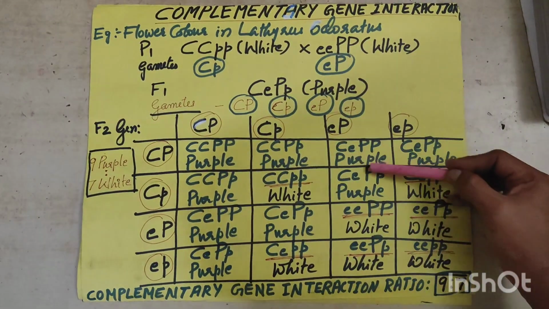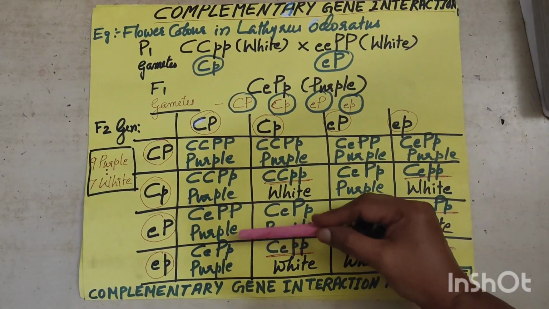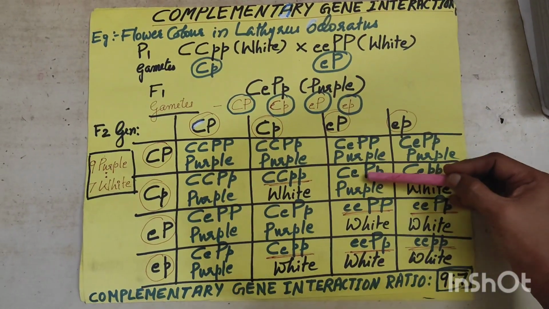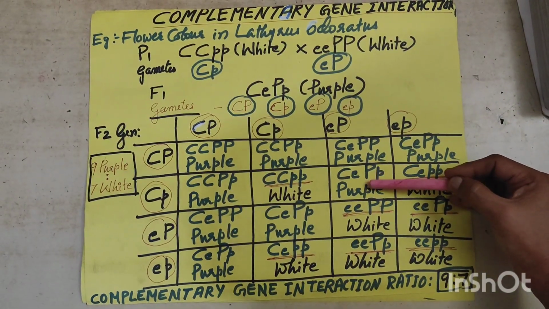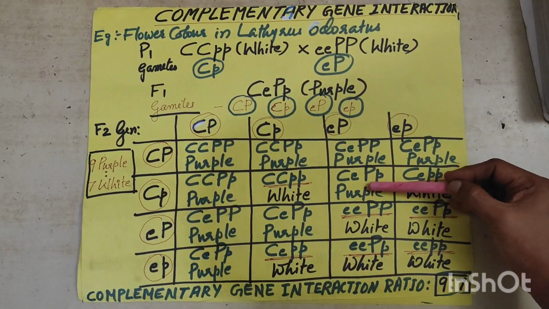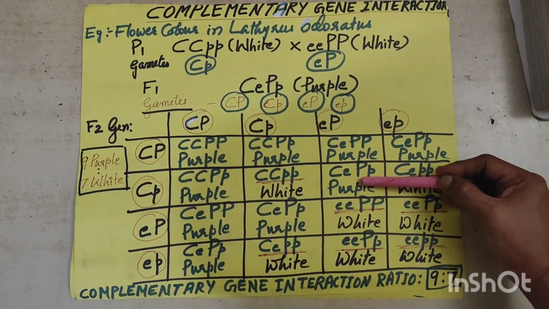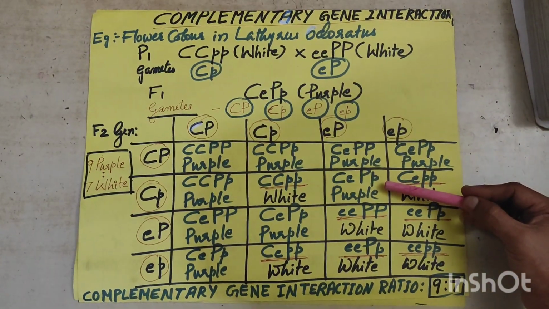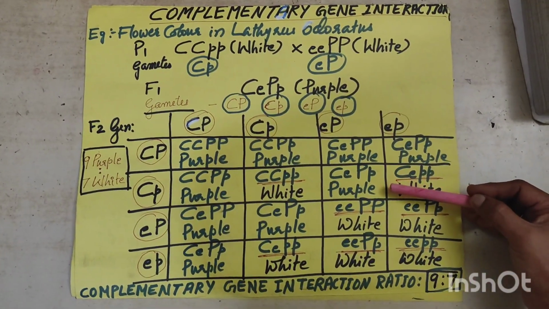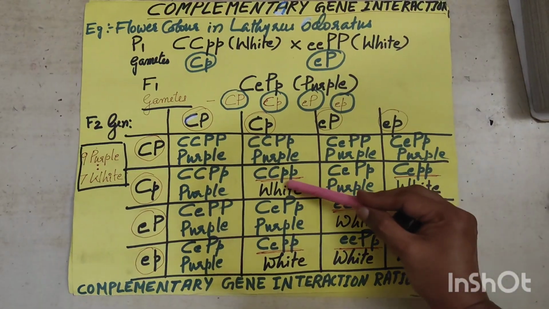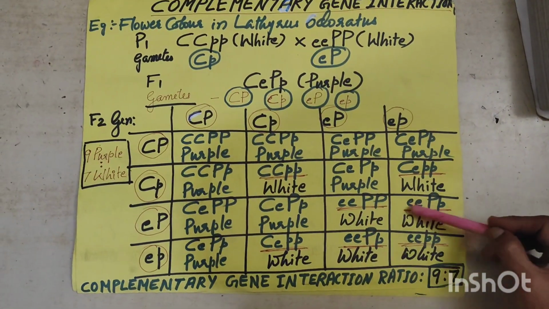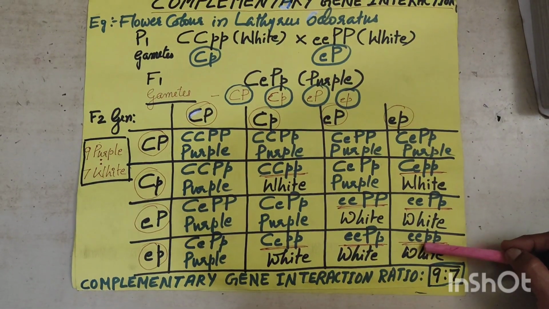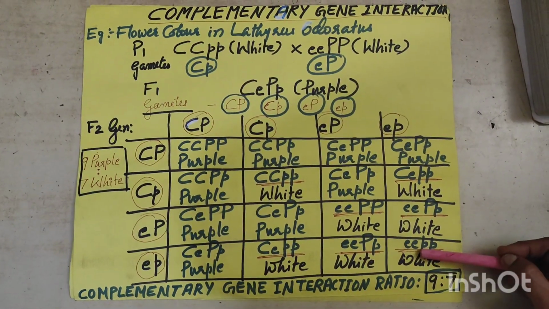So anyway, I am not explaining all these things because now you have understood how the phenotype comes considering each and every genotype. Okay. So see here how many purple flowered plants are produced. You just count it. 9 offspring are having purple flower color and 1, 2, 3, 4, 5, 6, 7 are having white flowered phenotype.